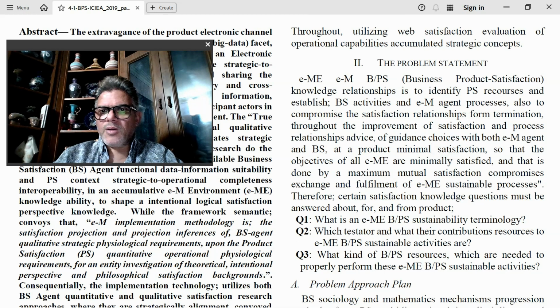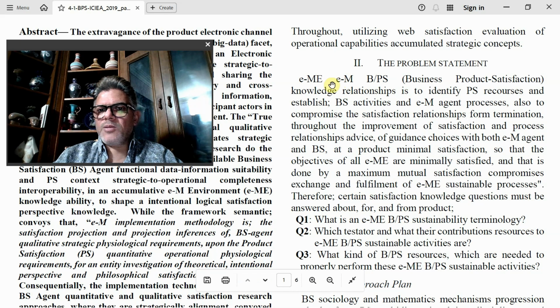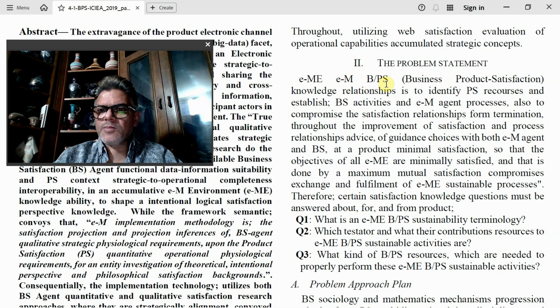So the problem statement: e-marketing environment, e-marketing business/product satisfaction. Knowledge relationships is to identify product satisfaction resources and establish business satisfaction activities and e-marketing agent processes.